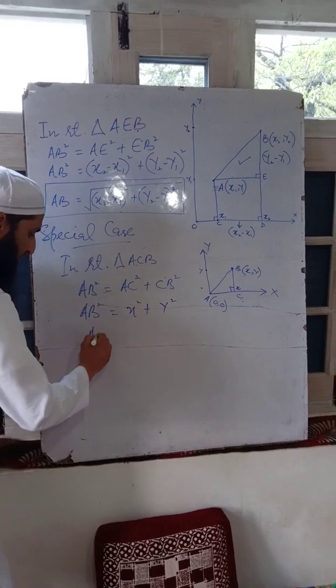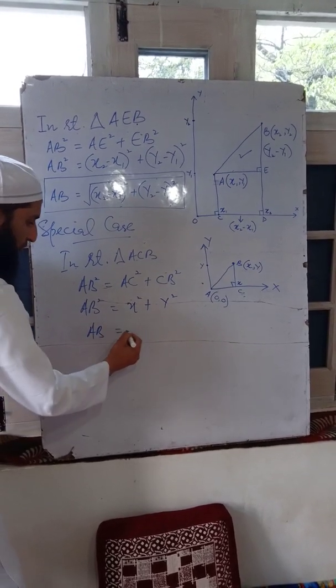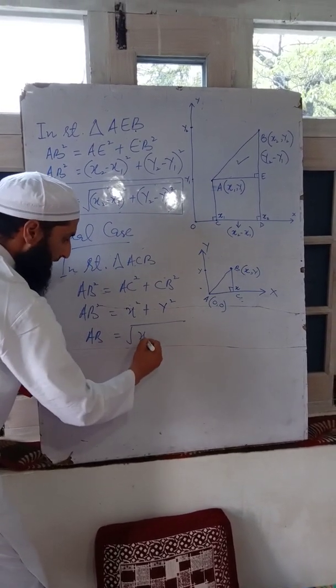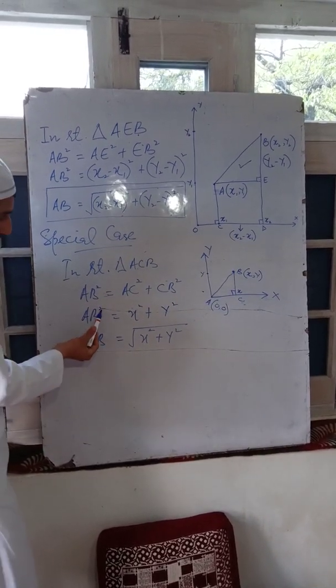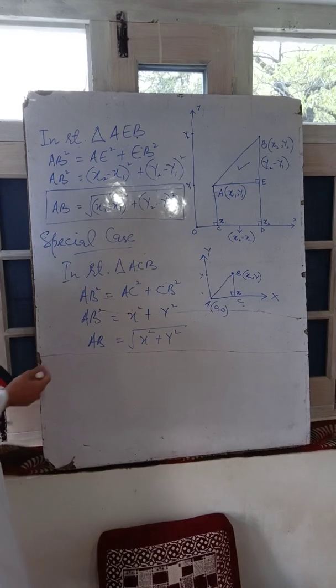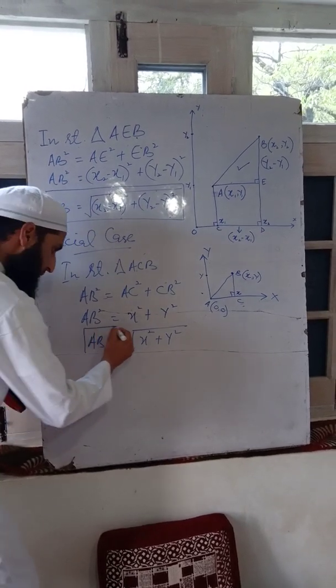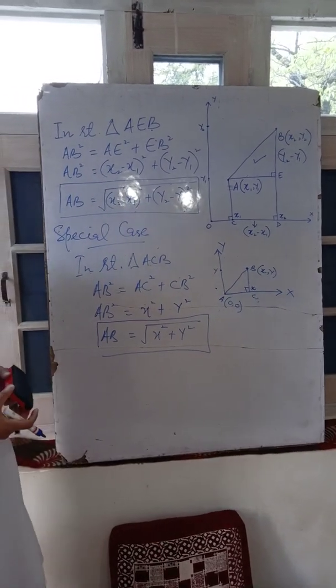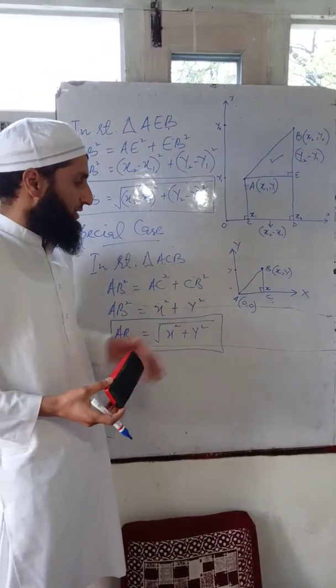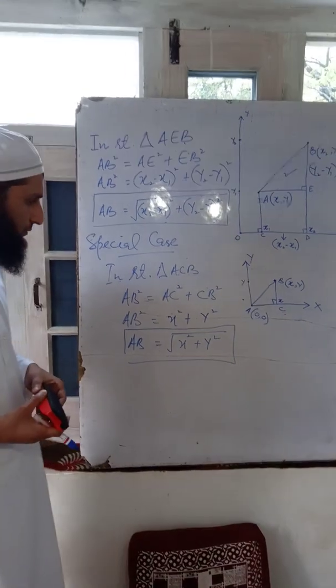Taking square root to both the sides, we get AB equals to square root of x square plus y square. This square will cancel out and simply in place of this square, the square root will come here. This relation is a special case of distance formula if one of the 2 points lies at origin.